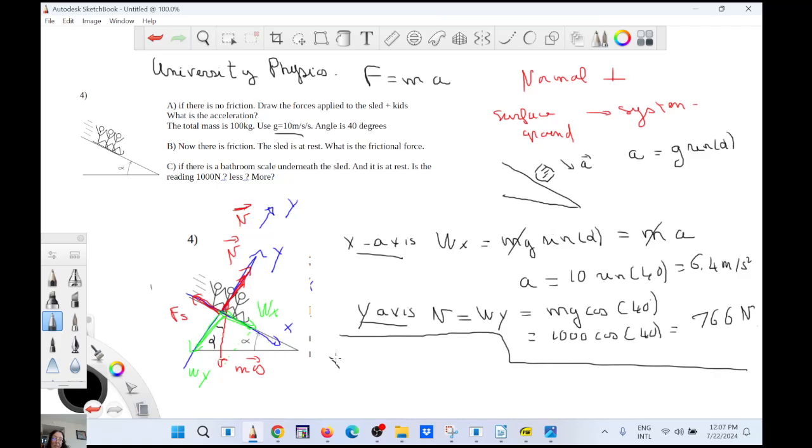Along the x-axis, right equals left, so it's in equilibrium and at rest. So that component is always mg sine, so we have mg sine equals the static friction.